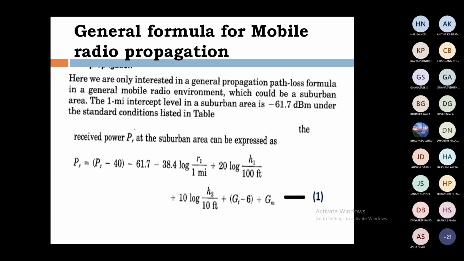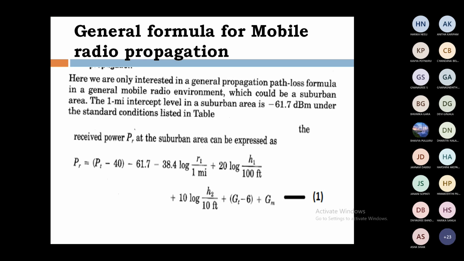In that suburban area, within a 1 mile intercept, that is within the 1 mile radius, the loss occurs. The loss is minus 61.7 dBm, with gamma value 38.4. Then the received power PR is equal to PT minus 40. 40 dB is the standard loss in any equation.